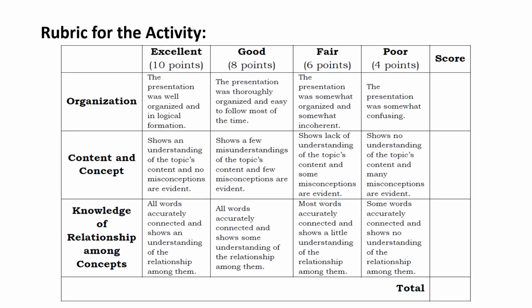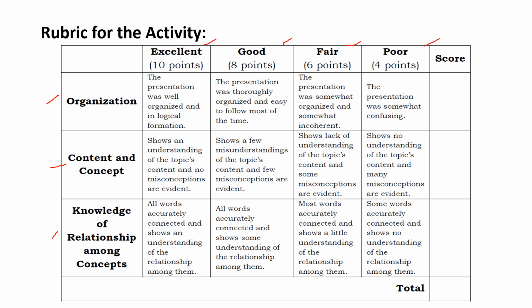So for the rubric for the activity, for your guide in making your concept mapping, your output will be graded using this rubric. So first, your organization, the content and concept. The third one is the knowledge of relationship among concepts. So it could be excellent, good, fair, poor.